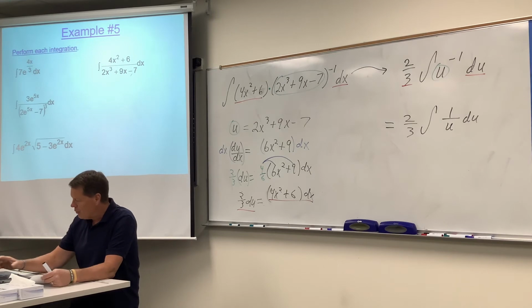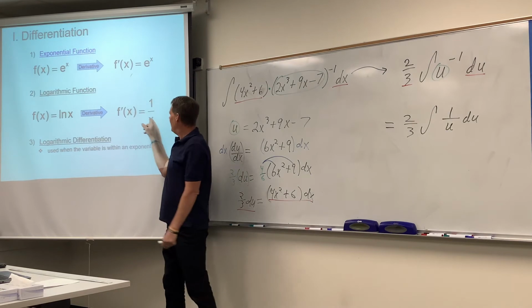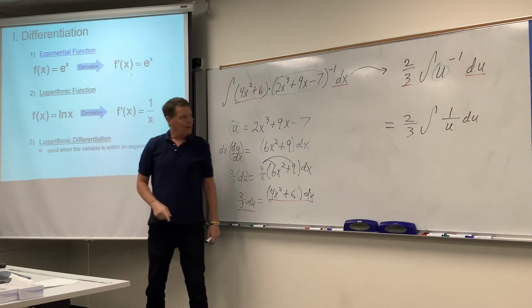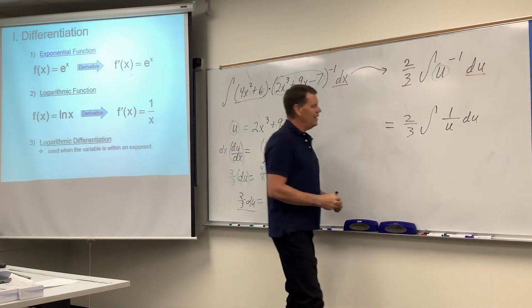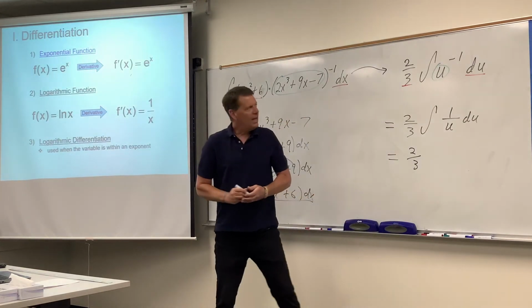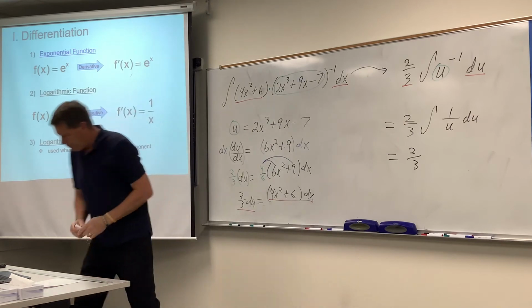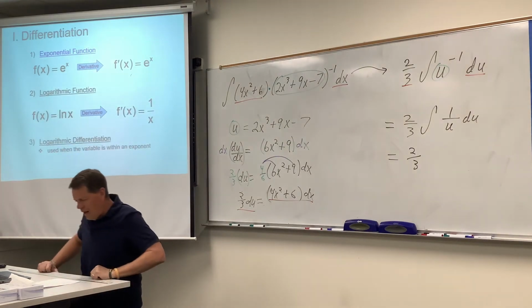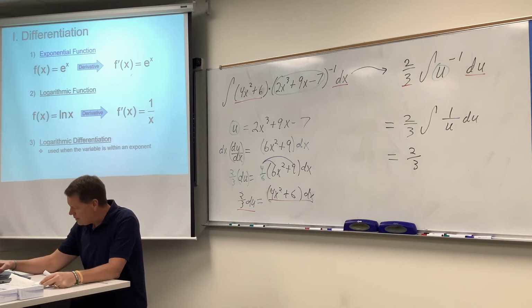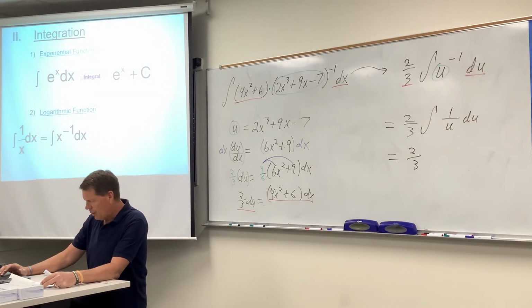So here's what I would just throw out to you. That's a 1 over situation, isn't it? And we want to integrate a 1 over. Its antiderivative would be natural log. Oh yeah. Okay, so that's the other scenario here. If your power is negative 1, the power rule would not work.